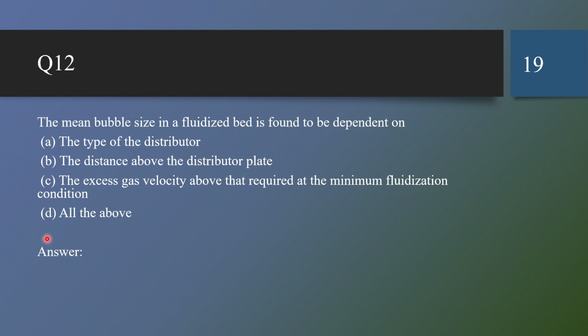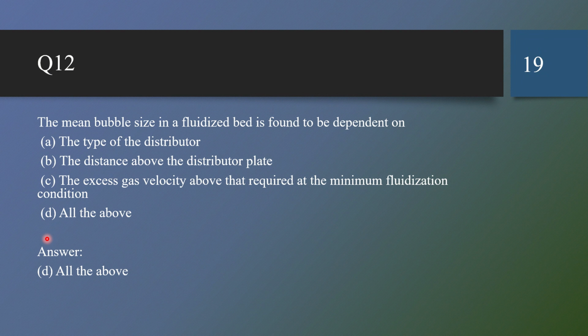So in this question also the answer is all the above, because we have seen how mean bubble size depends upon the gas distributor, that is the gas distributor types of porous, perforated plate and nozzle tubes. How different gas distributor systems form different types of bubbles was studied in question 12.